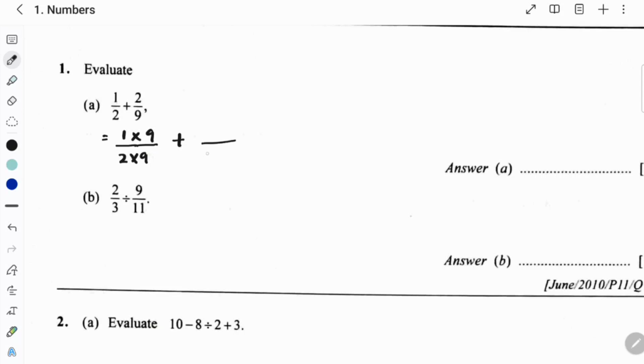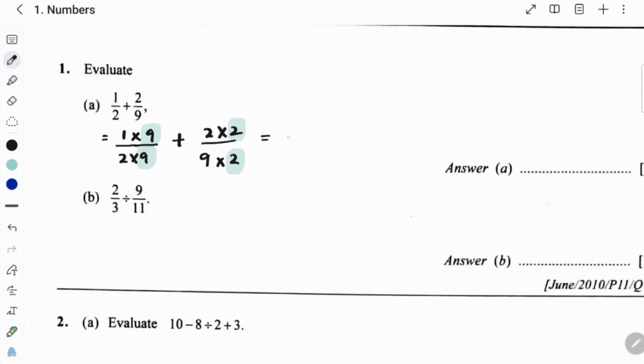This 9 will multiply with 2 to make it 18, and the numerator of 2 will also multiply by 2. What did we do here? We multiplied the first fraction by 9 and the second fraction by 2, the numerator and the denominator as well.